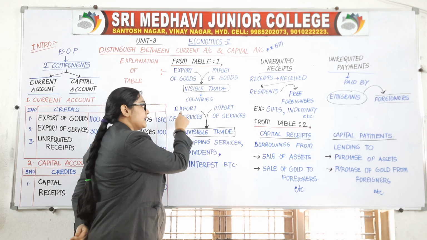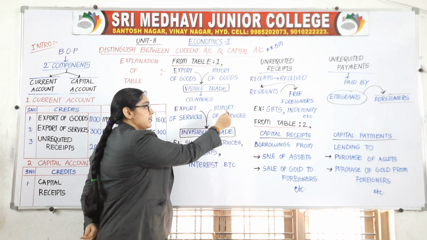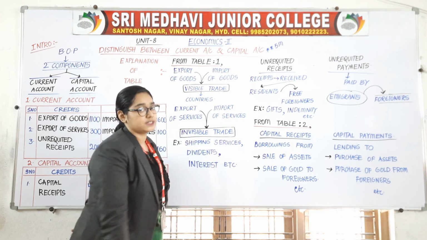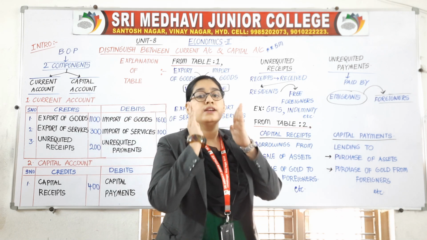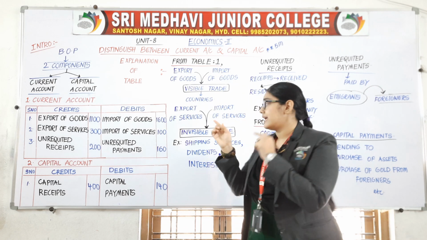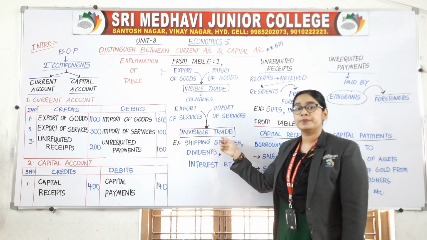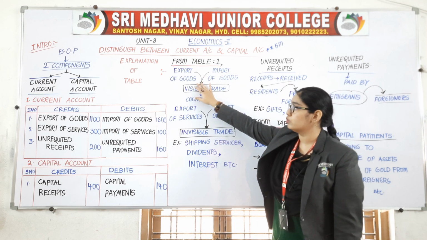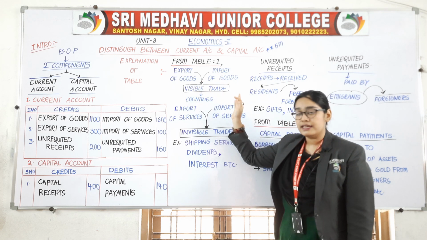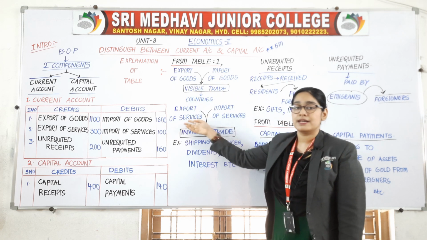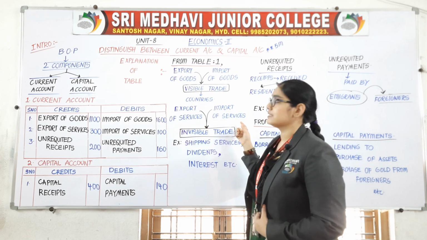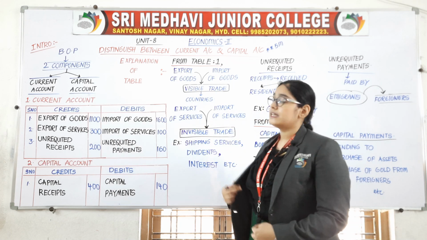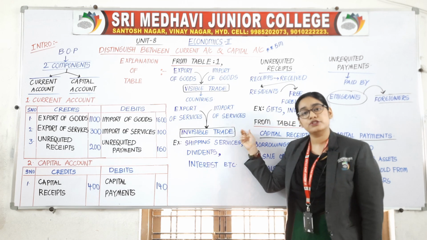When I say export of services and import of services, any kind of service is not visible, it is invisible. If I say goods, that is visible trade. If I say services, it is invisible trade. So export and import of services is invisible trade.